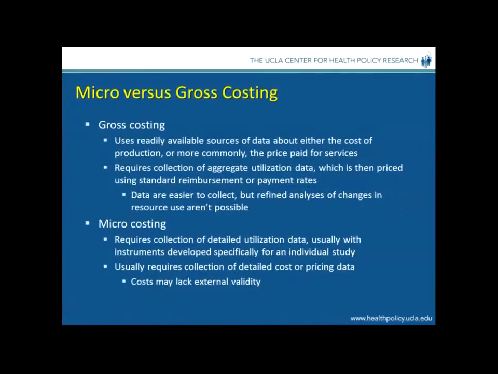A micro-costing study, on the other hand, would involve our study team following patients and collecting information on everything that was done. In this case, that's unnecessary. But in some cases, you might need to do that because there's very important variability that an administrative database doesn't capture.